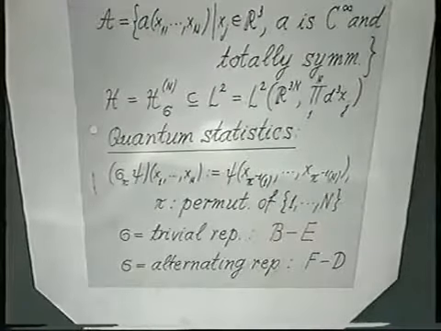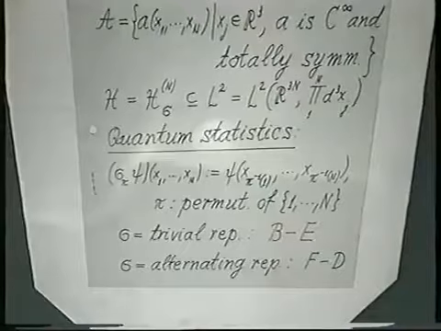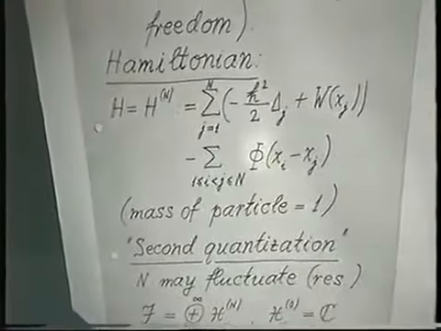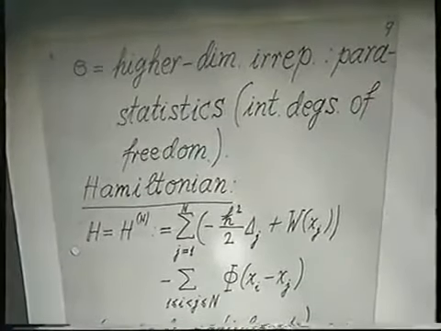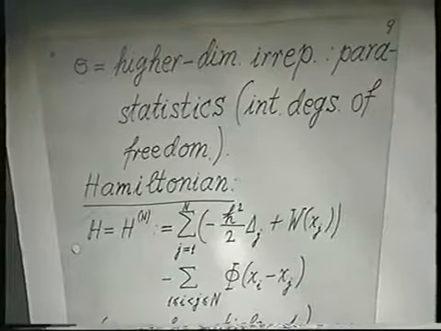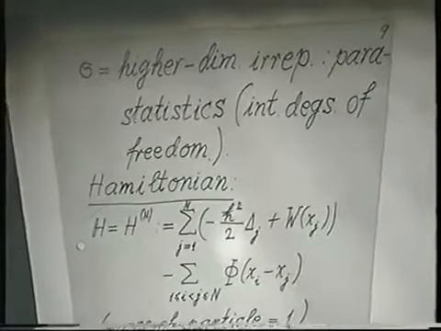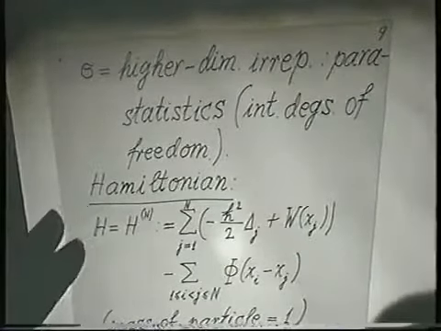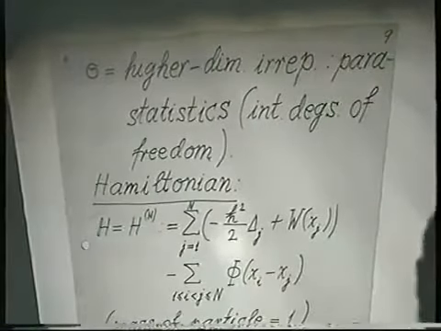They are called parastatistics, and there are theorems which say that parastatistics can always be converted into ordinary statistics at the price of introducing internal degrees of freedom. This played a big role in the history of particle physics, of the quark model, for example.